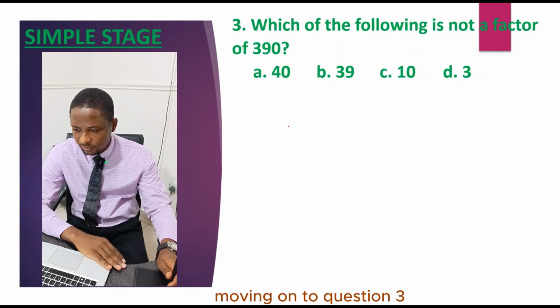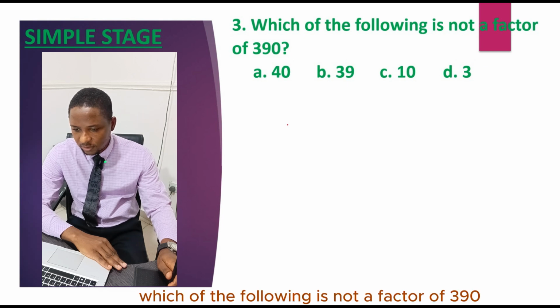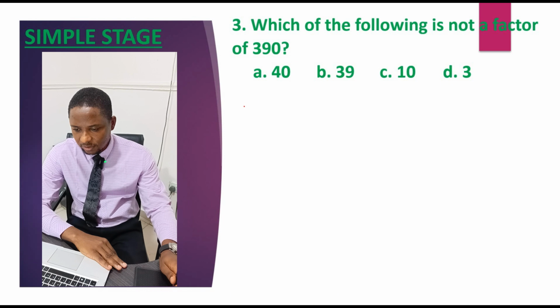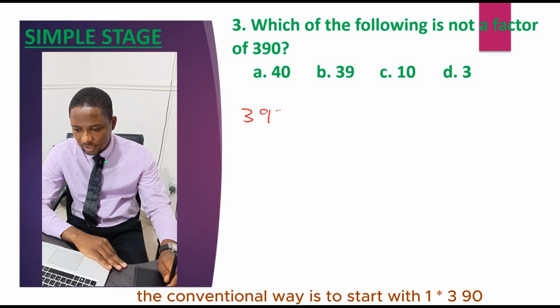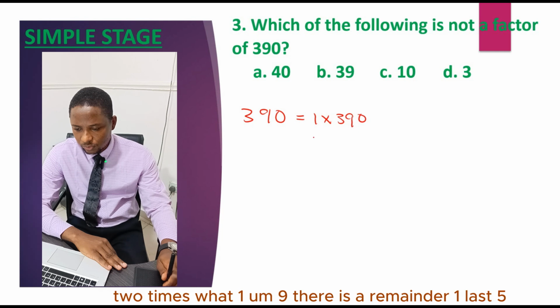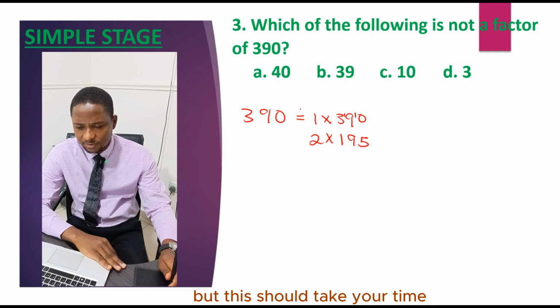Moving on to question 3. Which of the following is not a factor of 390? The conventional way is to start with 1 times 390, 2 times what? This will take your time. Just look through the options. 0 cancel 0 here. Can 4 go in 39?